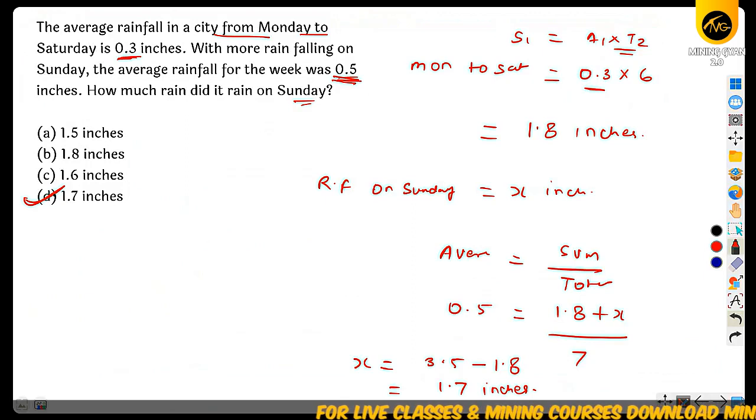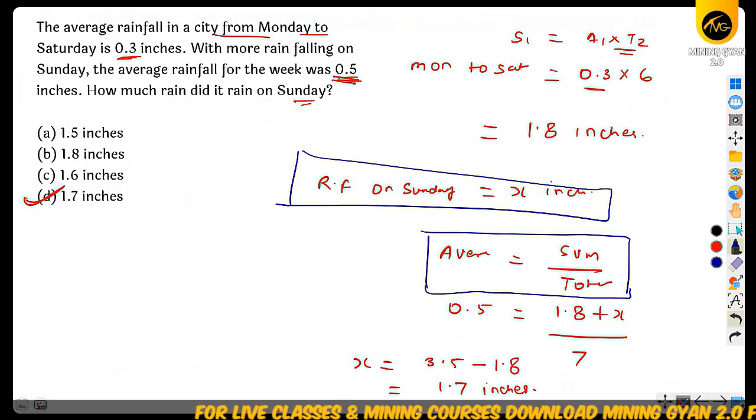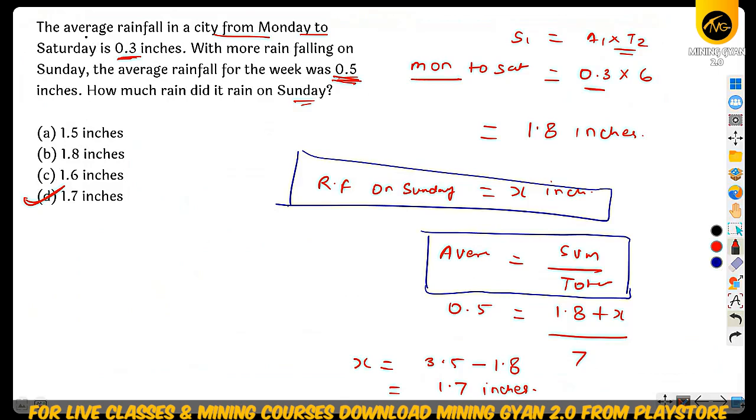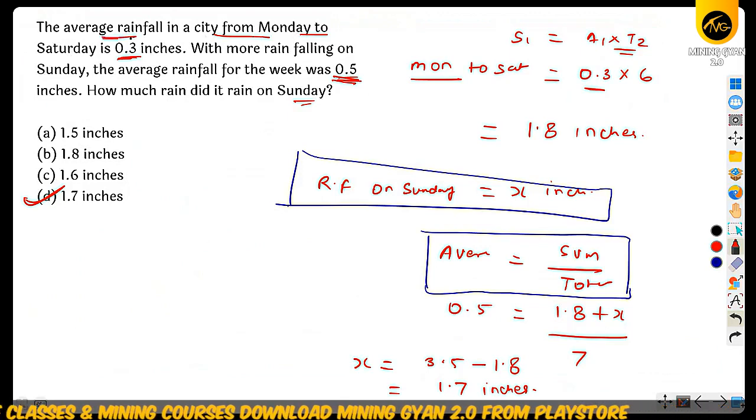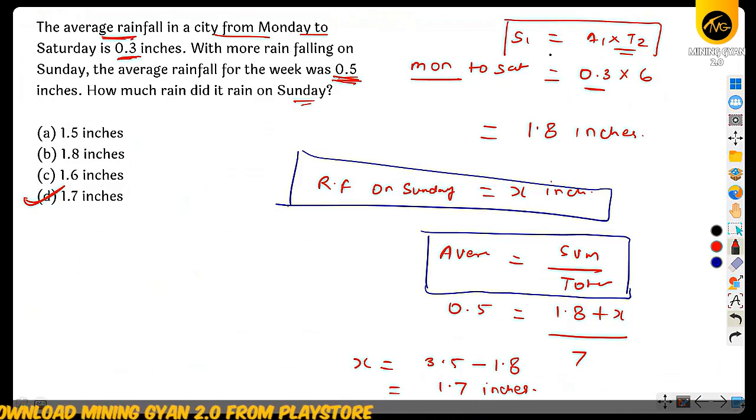Is it clear? Okay, once more. In the question, we have the rainfall in a city from Monday to Saturday. That means this is the average rainfall, that is 0.3. Now we have the formula to find the sum of the elements, that is A into T. A is the average and T is the total number of elements.